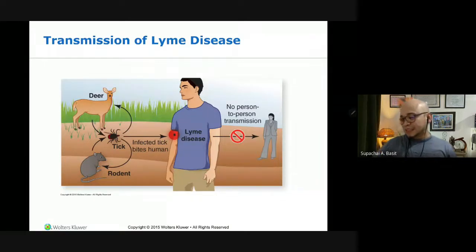This is an example of a biological vector, because you were bitten by an infected tick. The only way you get Lyme disease is through the bite of that tick, but there is no person-to-person transmission.